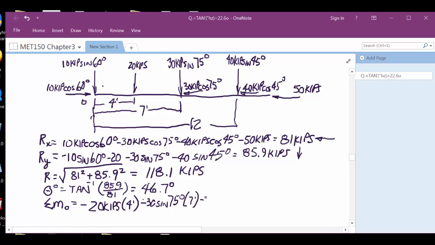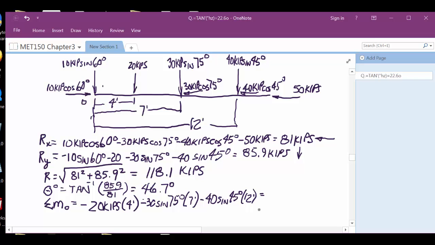Minus 40 kips, sine of 45, times 12 feet. Sorry. That's it, right?